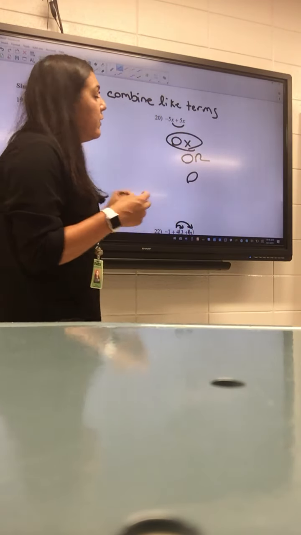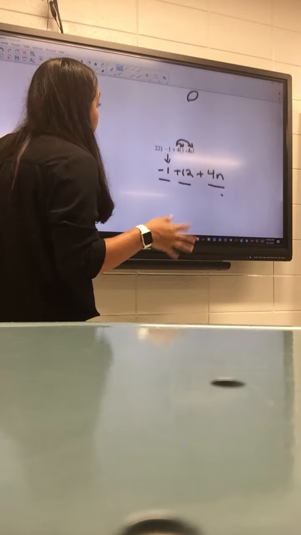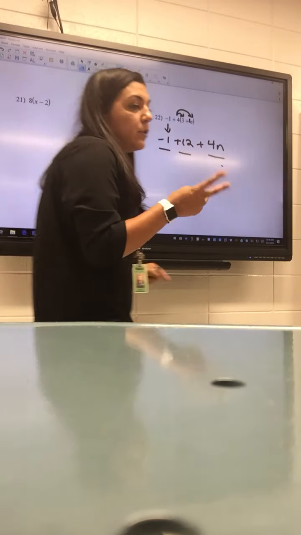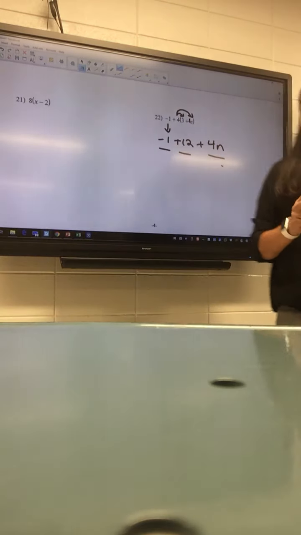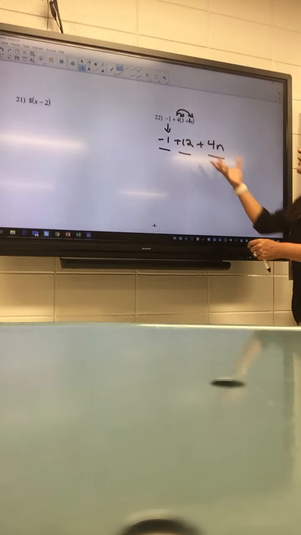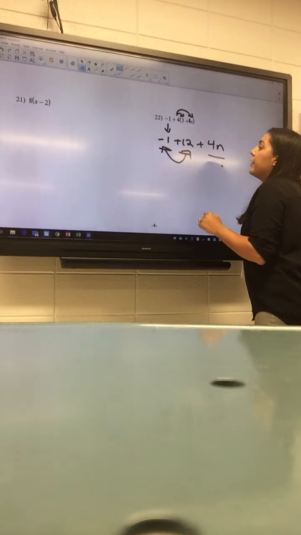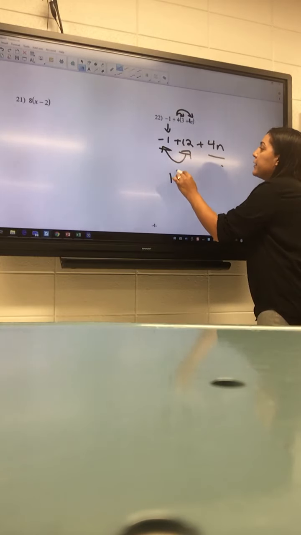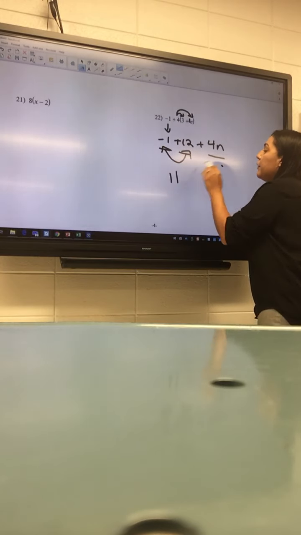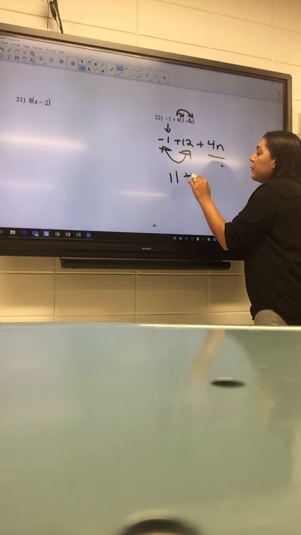We're never going to have more than two, so you should have one or two terms left. What can we combine over here? You can combine this 12 and this negative 1 to give you a positive 11. And the 4n can't be combined with anything, so it's just going to be 4n.